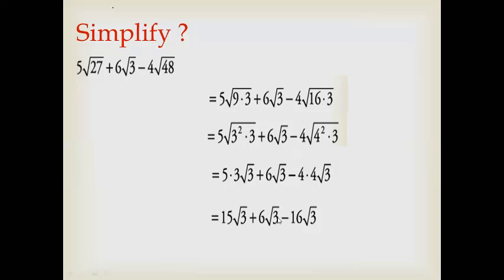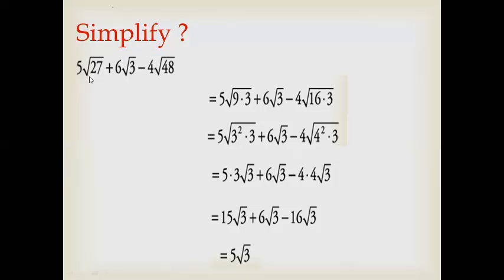Now you can add like terms, of course. Ahmed, can you complete? Yes, sister. 15 plus 6 equals 21. Minus 16 equals 5. So it will be 5 root 3. Excellent.